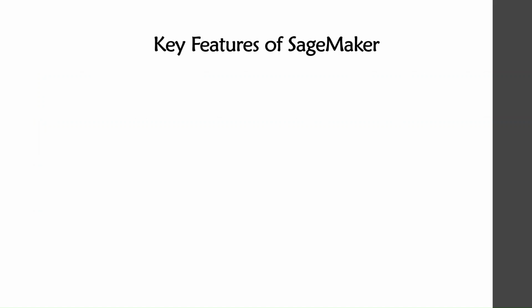So let's understand the key features of SageMaker. First thing we have is data preparation. When it comes to data preparation, efficiently preparing and managing data is a critical step in any machine learning workflow. SageMaker offers Data Wrangler and a Feature Store. Data Wrangler is a low-code tool that simplifies data preparation, allowing users to clean, normalize, and transform data using over 300 built-in data transformations, visualize data, detect outliers, and perform exploratory data analysis without writing complex scripts.